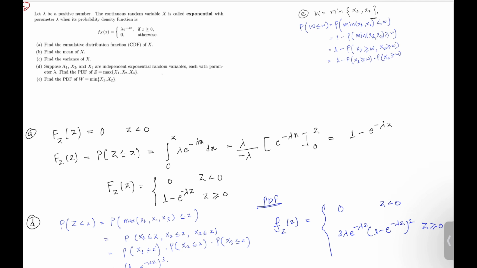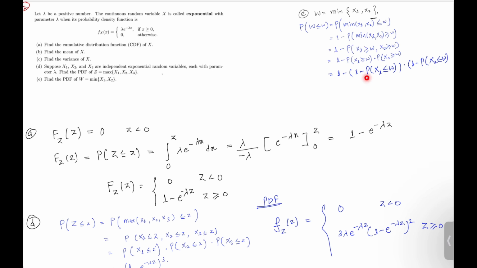Okay, now how can we proceed further? Because we know the CDF of the exponential, somehow we need to turn these into the definition of the CDF. So that will be 1 minus (1 minus the probability that random variable X is less than w) times (1 minus the probability that X is less than w).